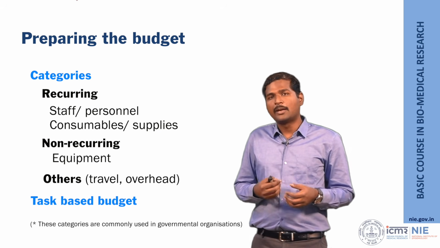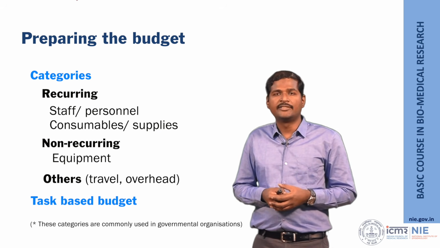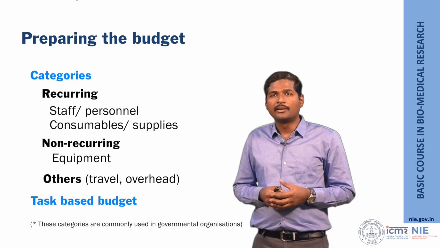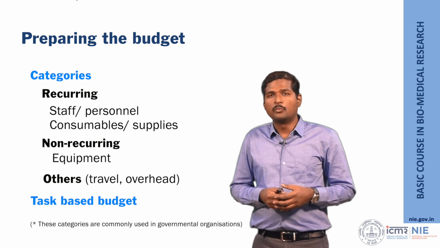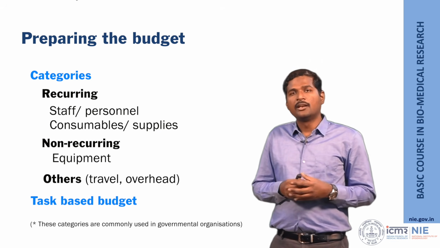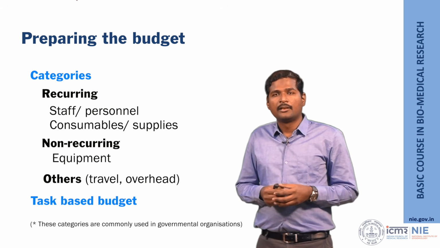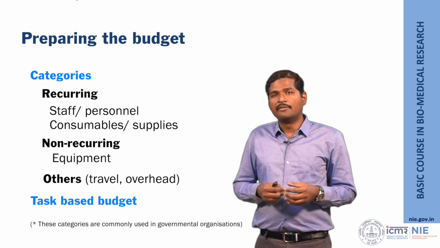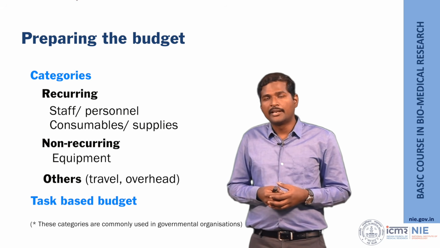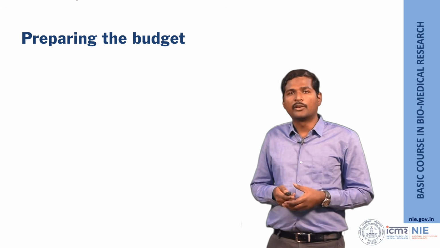Now, there is a different type of budgeting that some funding agencies require, called task-based budgeting. Instead of putting items in the budget, you put tasks in the budget. For example, the task may be conducting a field survey, or developing information, education, communication materials. So make sure that your budget meets the agency's requirements.